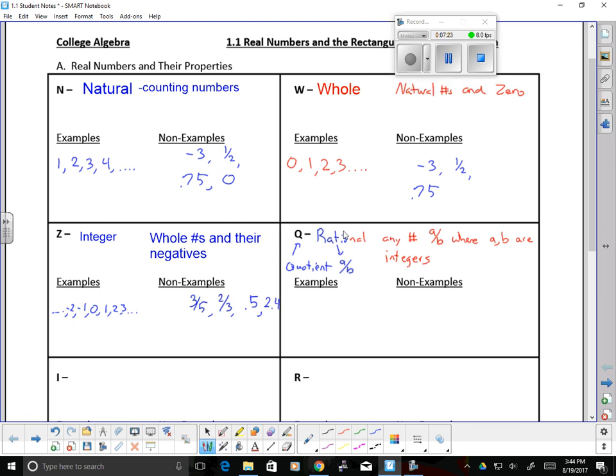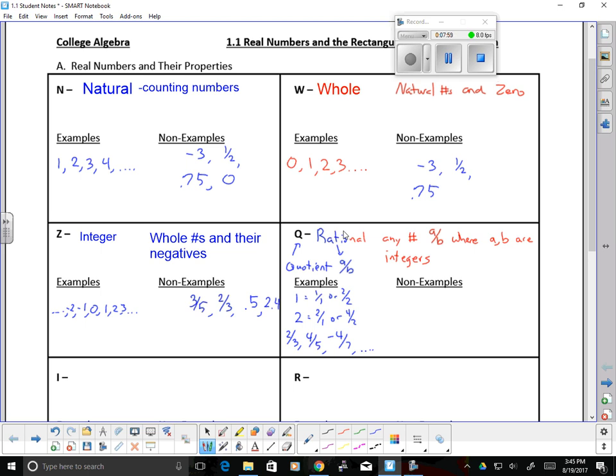Everything so far is included in that because we know that for whole numbers, 1 is the same as 1 divided by 1, or 2 divided by 2. 2 is the same as 2 divided by 1, or 4 divided by 2, etc. And so we're also adding in all the fractional numbers: 2/3, 4/5, -4/7, and on and on. So we have lots of examples there.